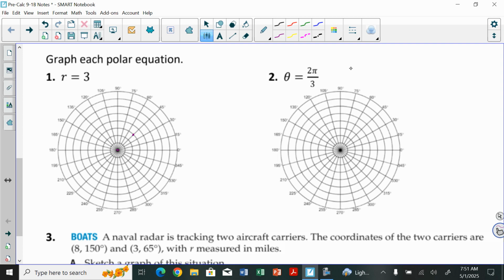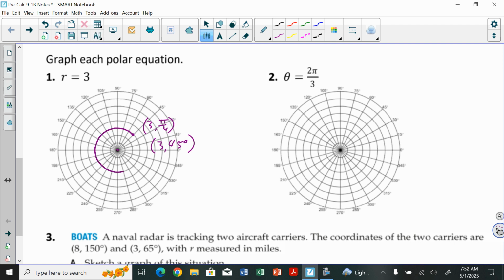That's pi over 4. If we use radians, that would be the point (3, pi over 4), which is 45 degrees. And then for all points where r is 3, that would go all the way around this circle here.